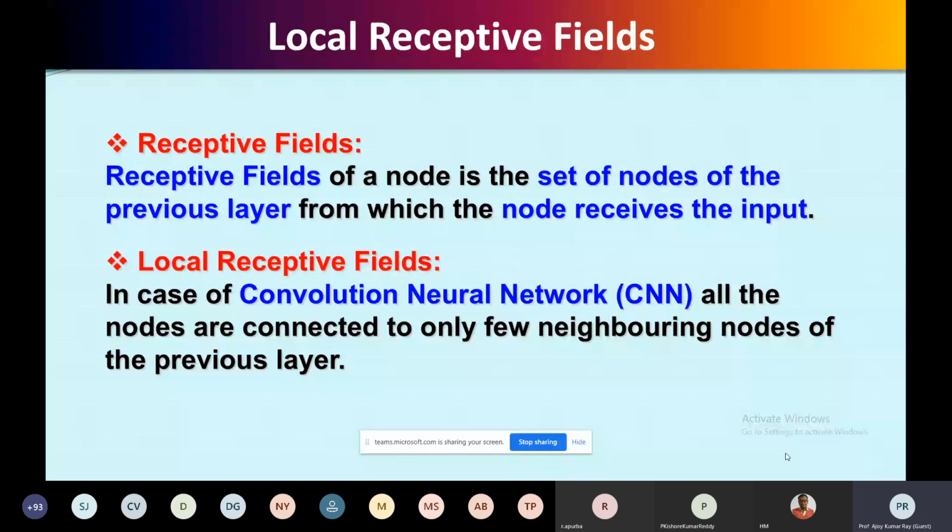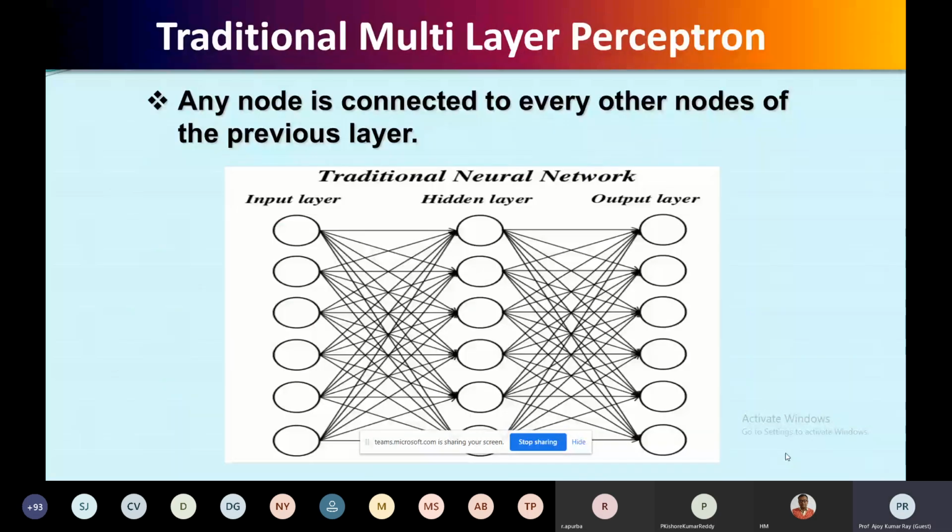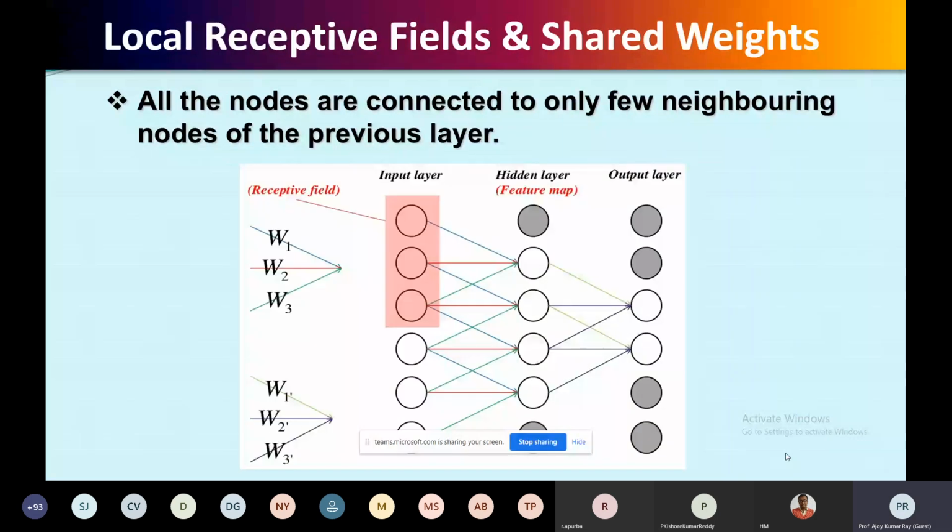This is a traditional multi-layered perceptron. As you can see, this is what the new deep learning method does. W1, W2, W3, these input layers are connected to only these values. So not that everything is connected to everything else.